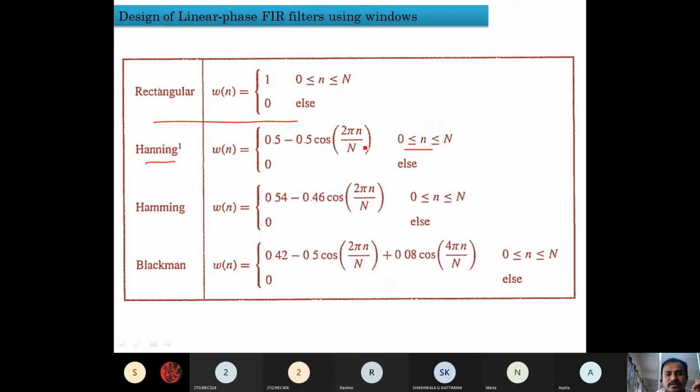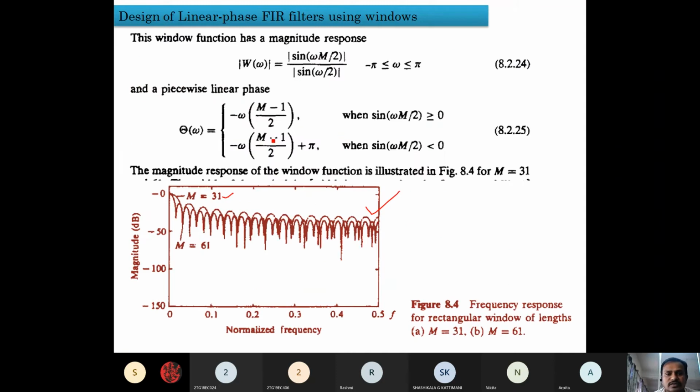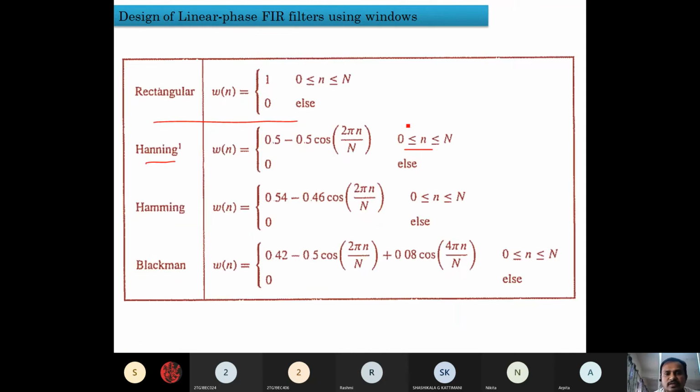The previous discussion is about M, so we consider M here. We can replace N by M minus 1 in all these expressions, so 0 to M minus 1.